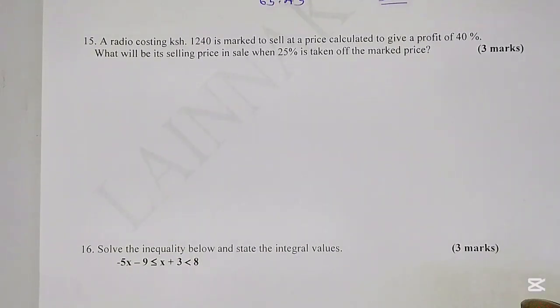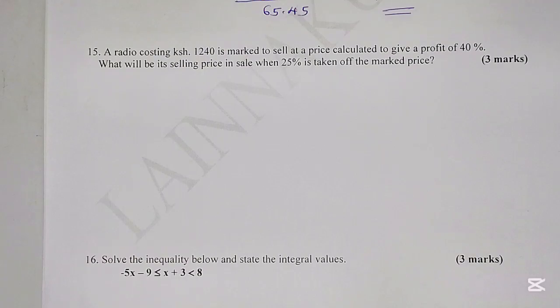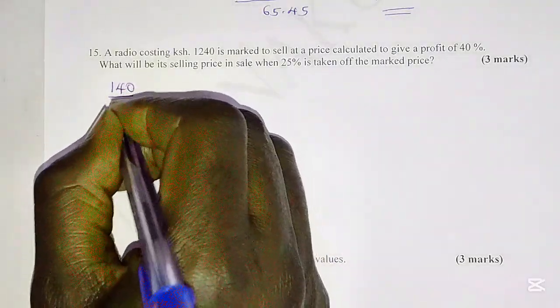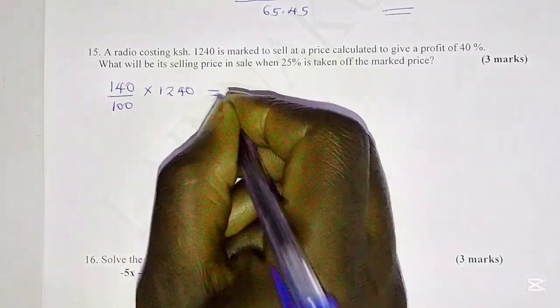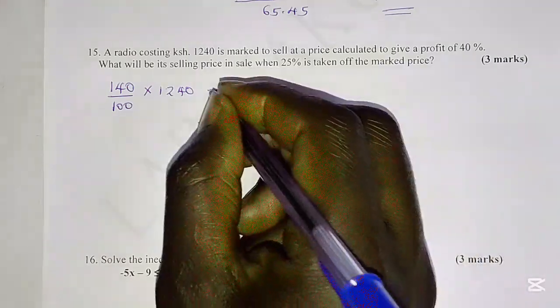Question 15. This is commercial arithmetic. There is a radio that is costing 1,240 shillings and it is marked to sell at a profit of 40%. So it means it's going to sell at 140%. 140% is the same as 140 over 100 times 1240. Putting this on a calculator gives us 1,736 shillings.